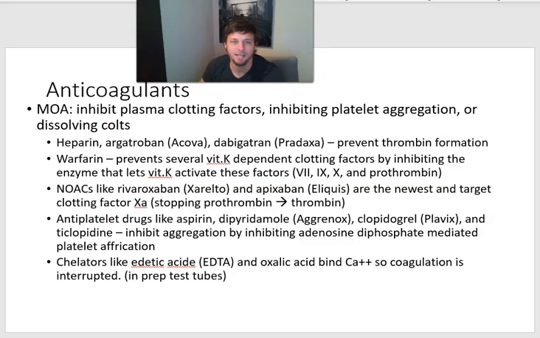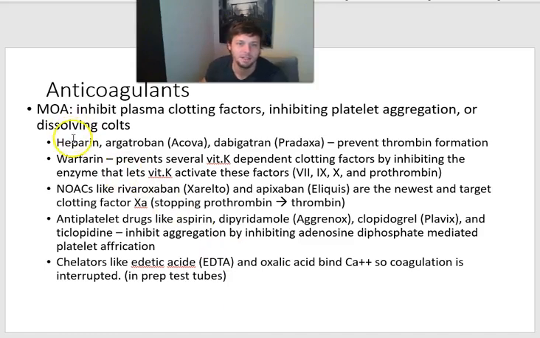So our anticoagulants, there's a bunch of different ones, but the whole mechanistic action is they inhibit clotting by inhibiting these clotting factors. They also inhibit platelet aggregation, so sticking together of these platelets, or the dissolving of clots.